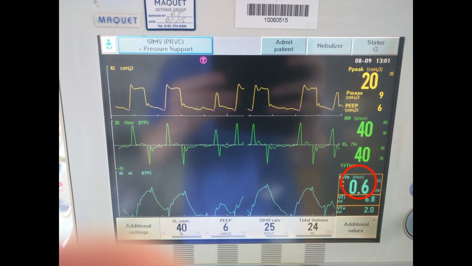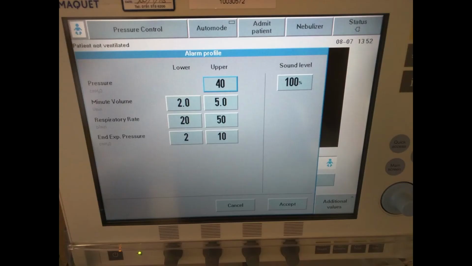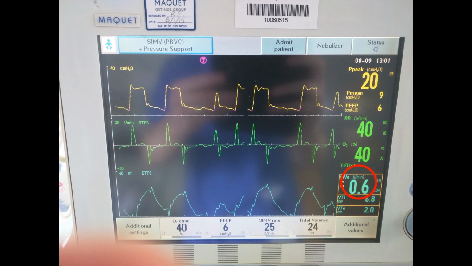So you obviously want to set your alarm limits quite carefully around this. You can see at the moment it's defaulted to between 2 and 5. So your 0.6 is already going to be alarming because it's lower than the 2 and it's quite far below the 2. So you're going to need to first of all set these limits so it stops the ventilator alarming, but also if the minute ventilation drops significantly or increases significantly, the ventilator will let you know.